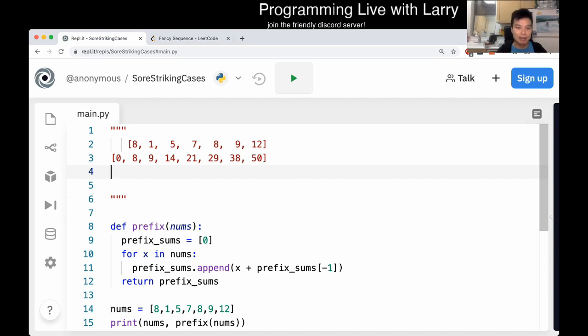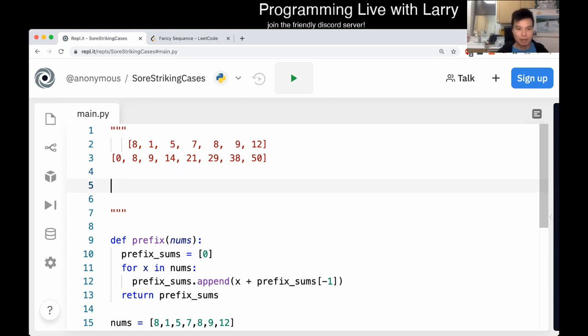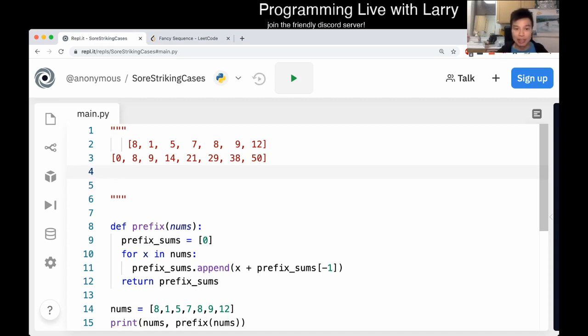Let's say you're trying to get the sum of the first k numbers. Well, this is pretty straightforward. If you're trying to get the first number, then 0 is going to be the sum of the first zero numbers.